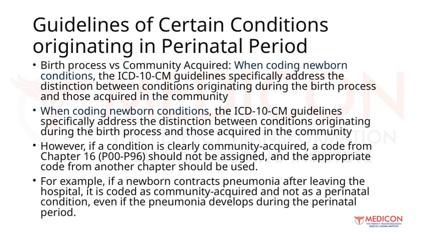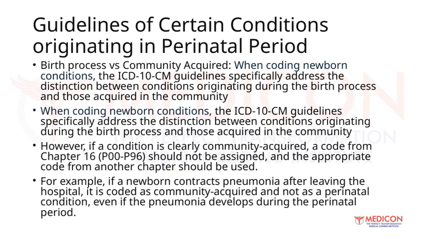If a condition clearly occurs in the community, say a newborn develops pneumonia after leaving the hospital, we should not assign a code from Chapter 16, which covers P00 to P96. Instead, we need to use a code from another chapter that accurately reflects the condition as community acquired. This is a key point because it affects how we document and code these cases.